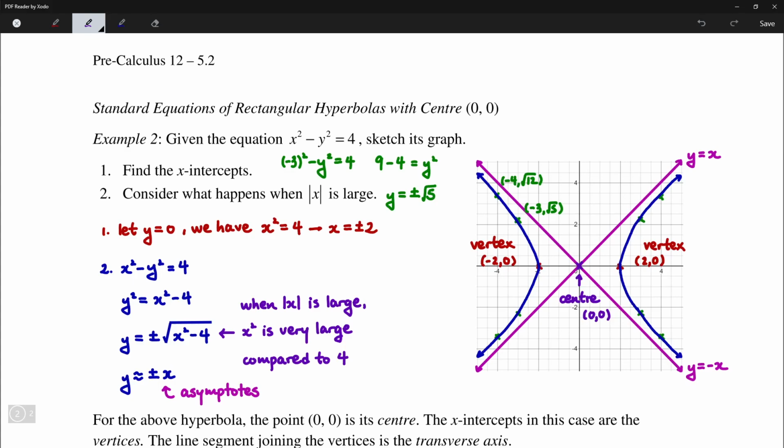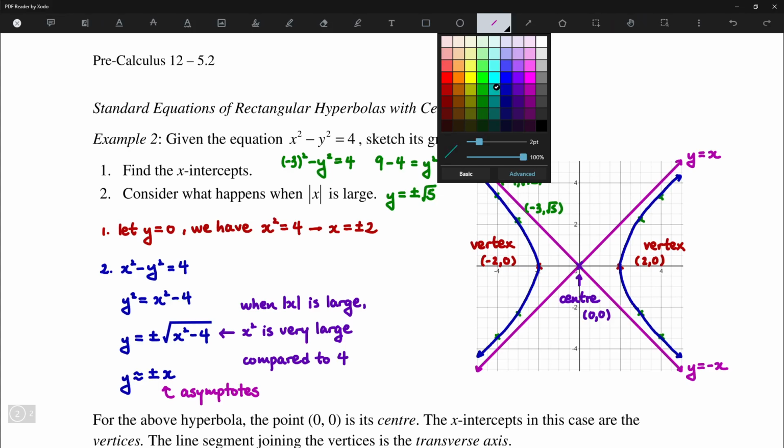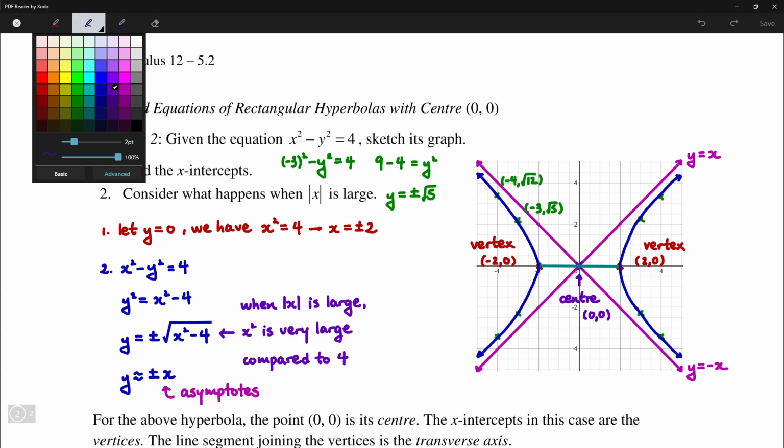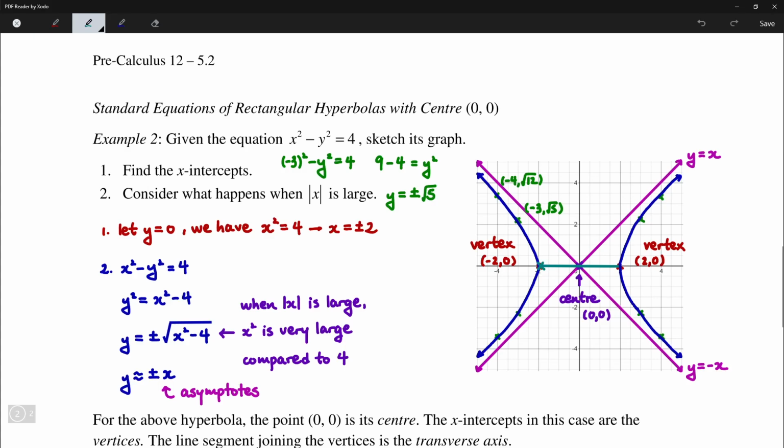And the other piece of information that's important here is that the line segment connecting the two vertices is called a transverse axis. So this is this line segment right here. This is the transverse axis.